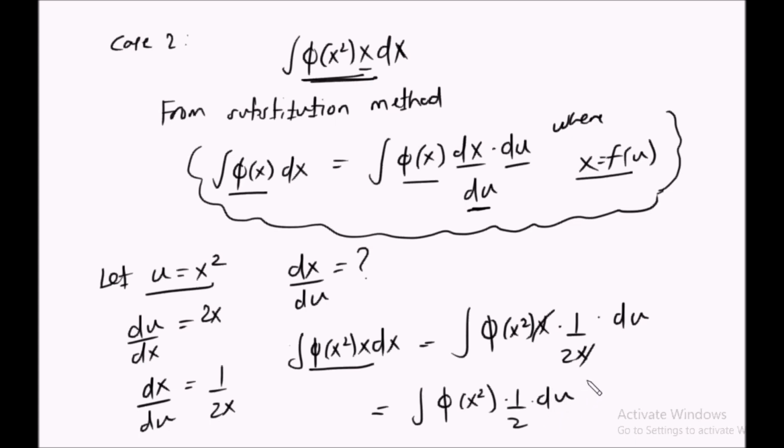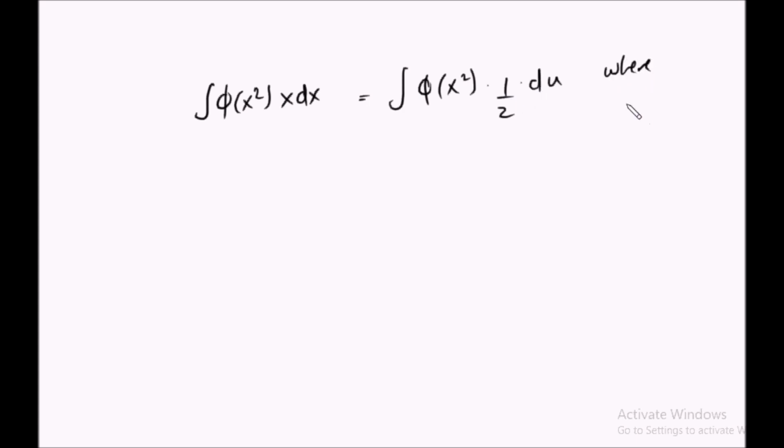So tumefika hapa sasa, tumesema kwamba huyu psi of x squared times x dx ni sawa na nini? Psi of x squared times 1 over 2 du. So where, remember, u ni sawa na x squared. So 1 over 2 ni constant, naweza nikaitoa nje. So itakuwa ni 1 over 2. So x squared ni u sasa du.